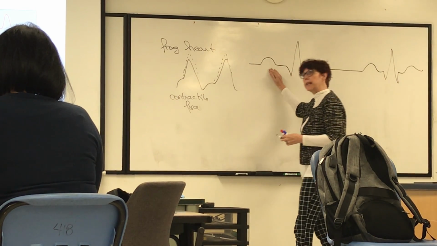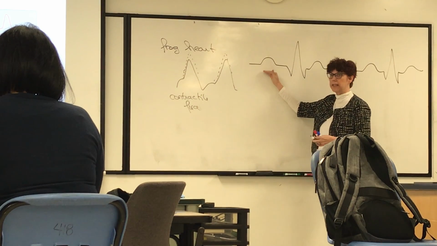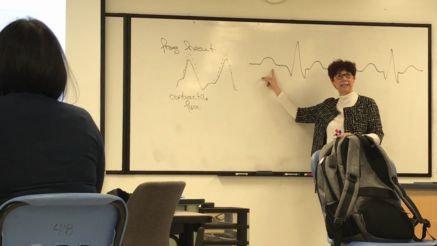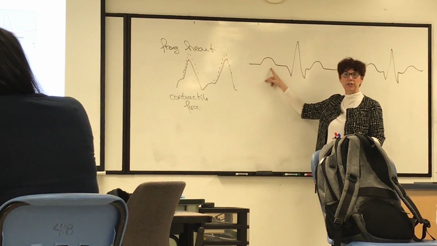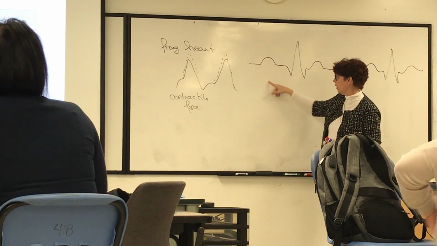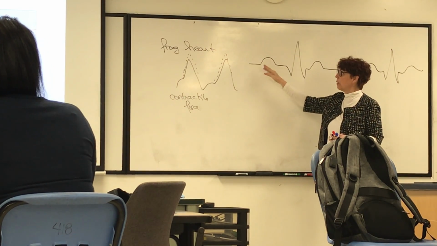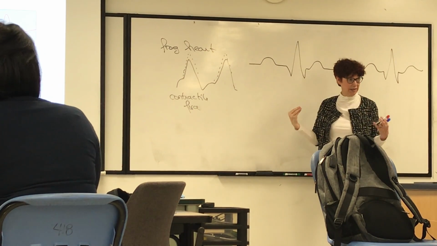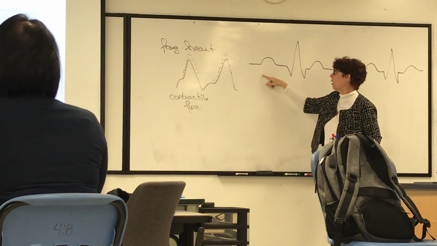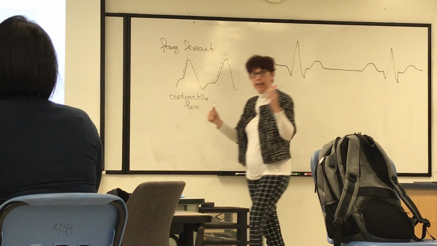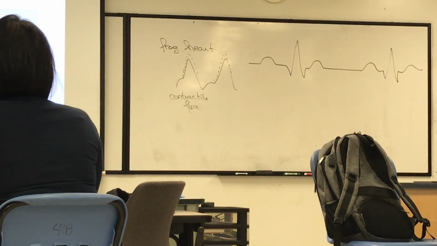And so for that reason, when we look at these deflections up and down, this is not depolarization and repolarization of a cell or even a region. So if you look at a different lead, this can even go the opposite direction. So what we're seeing here is a change in the current as it's being picked up on different regions of the body. So this whole deflection up and down is illustrating depolarization, all right?